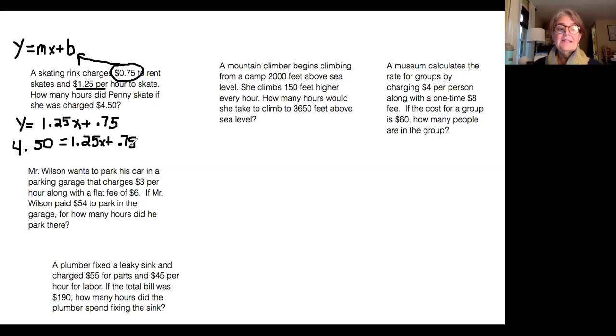Now you need to subtract 0.75 from both sides, right? So that it goes away on this side. And on this side, you're going to be left with $3.75 equals 1.25x.